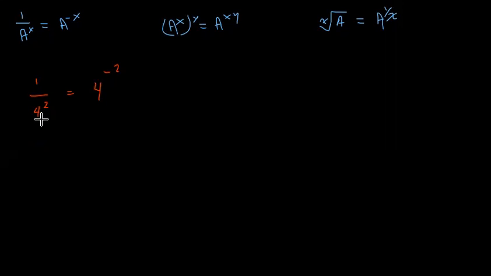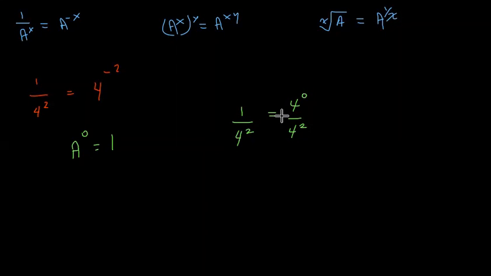So let's look at this a little differently. Remember our very first rule. What did it say? It says a to the 0 is equal to 1. So wherever I see 1, I really could change that around, can't I? So if I have 1 over 4 squared, I could say this is 4 to the 0 power over 4 squared, can't I? Because this is really 1 right here. So I didn't change the problem.